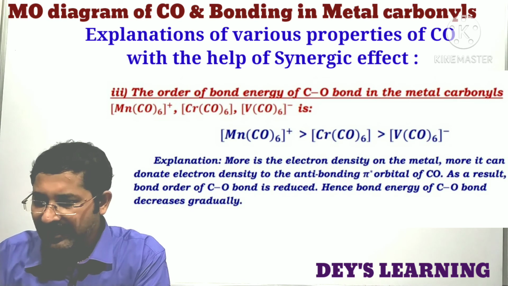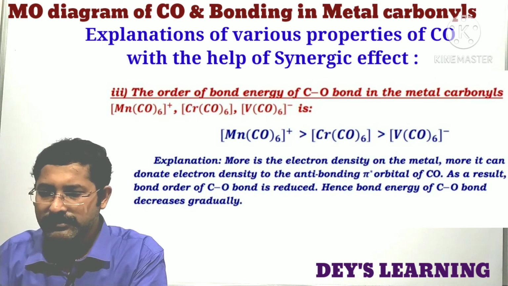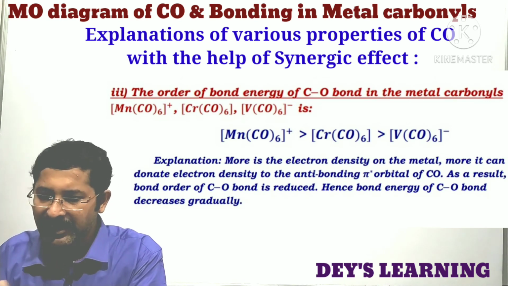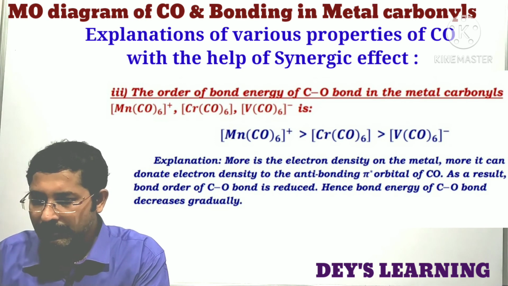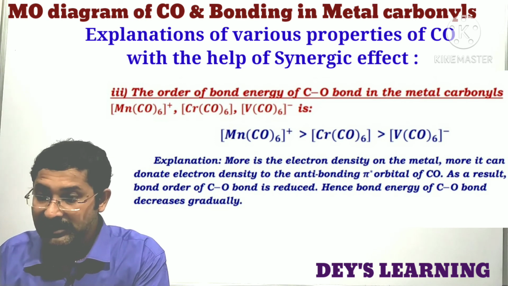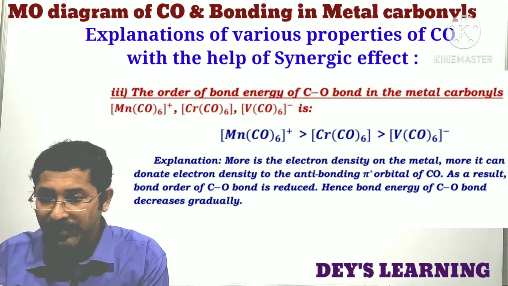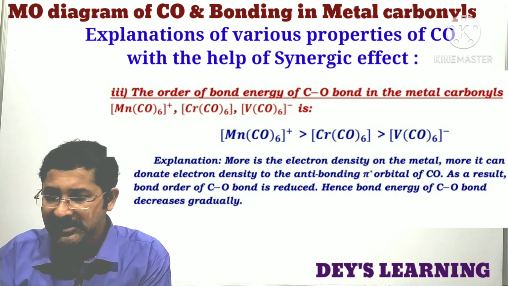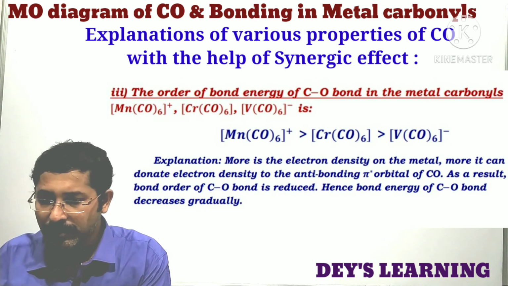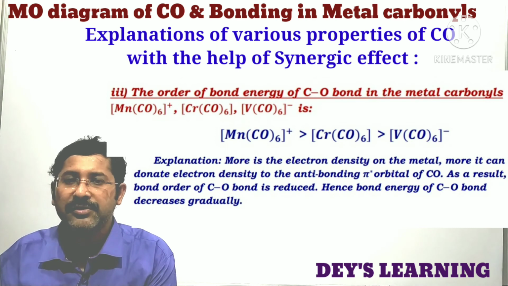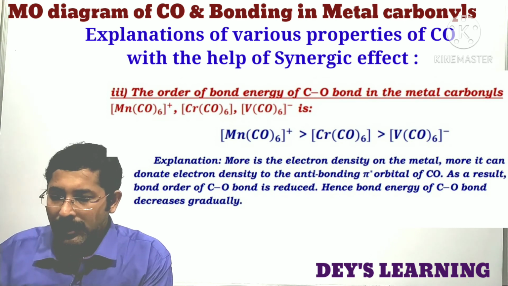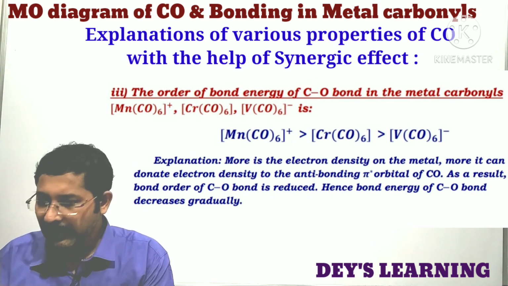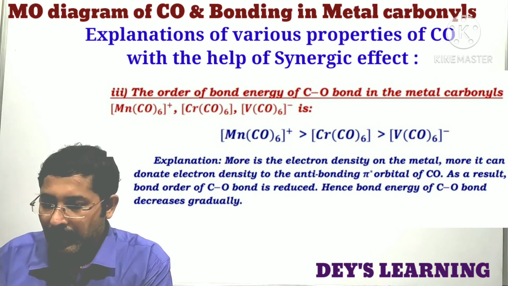I have written the order. The manganese hexacarbonyl cation has greater bond energy. The carbon oxygen bond of this species has greater bond energy than this one, and the carbon oxygen bond energy of this species is greater than this one. So the explanation is here.